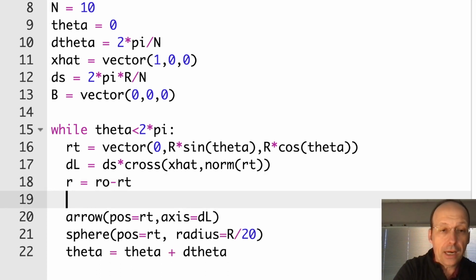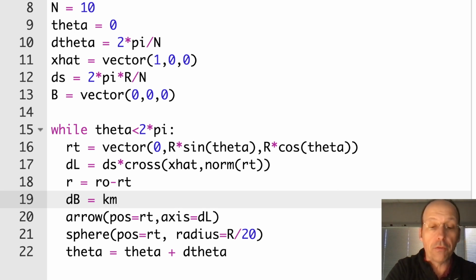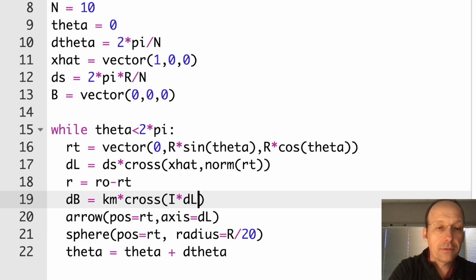And let's go ahead and calculate dB. dB is km, which is mu naught over 4 pi, times the cross product of I times dl, and the other vector is r. And then you divide by the magnitude of r cubed.